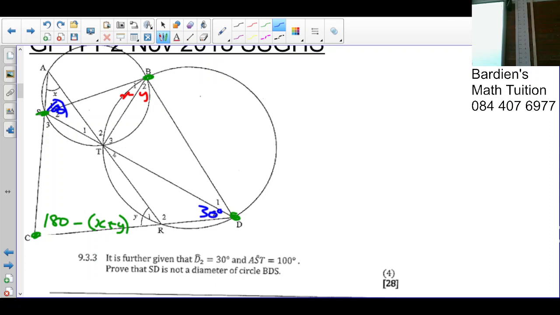Prove that SD is not the diameter of the circle.